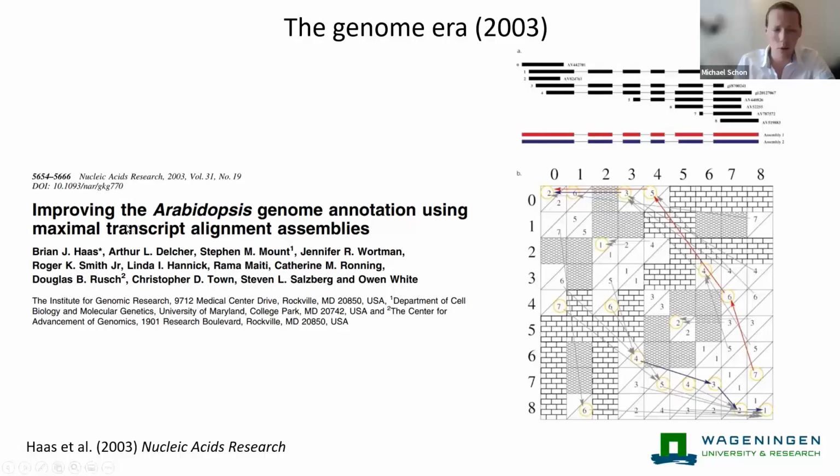It's called PESA, and it was developed just after the sequencing of the Arabidopsis genome in order to annotate the transcript isoforms that came from the genome. And it used a form of overlap graph that we'll see coming back quite soon.